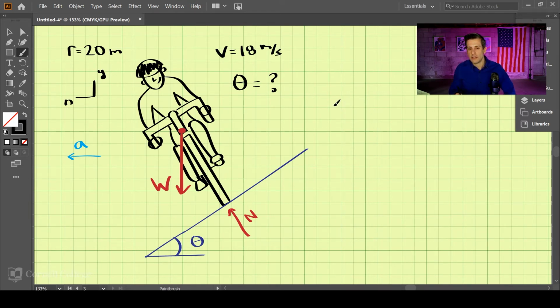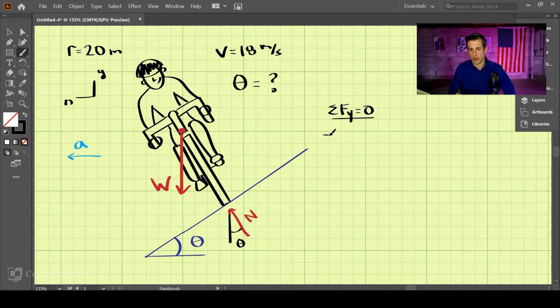So let's first sum the forces in the y direction and set those equal to 0 because this rider is not coming off the track in the y direction. All right, so what do we have? Well, this angle for n here is also equal to theta.